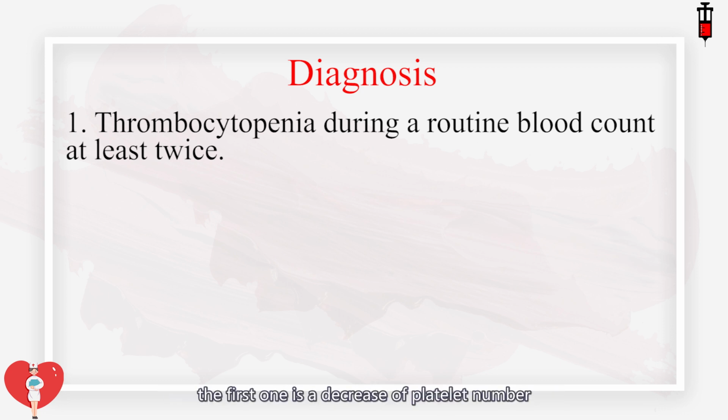The first is a decrease of platelet number, which can be determined by automatic cell counters and also manually by microscope. We decide on thrombocytopenia according to 2 counts within 7 days.